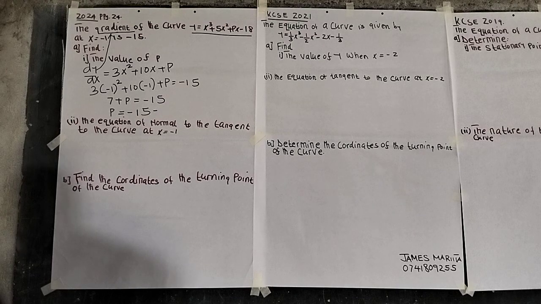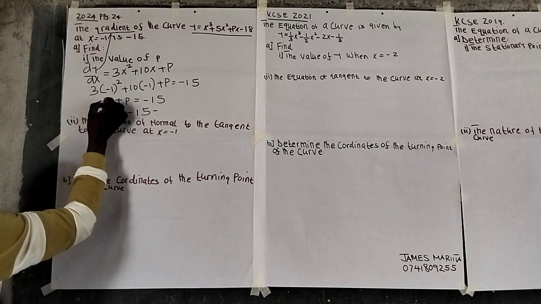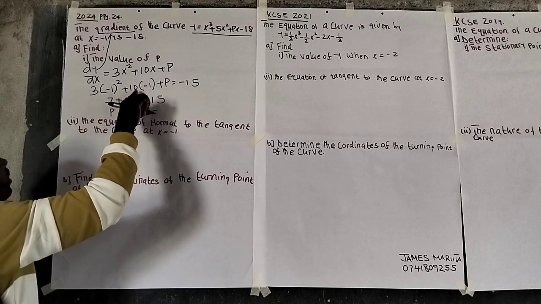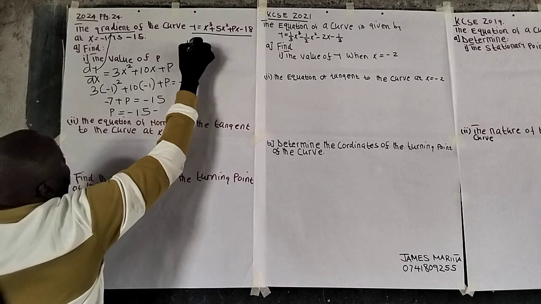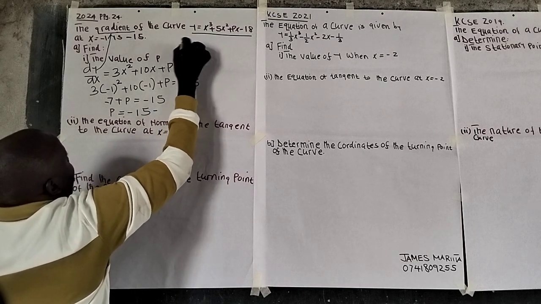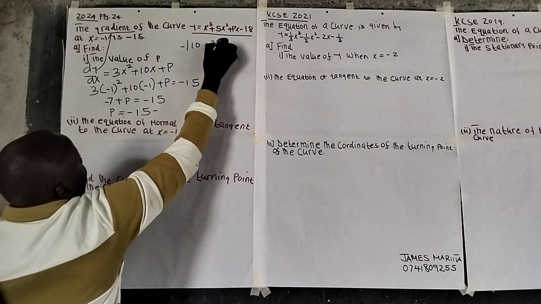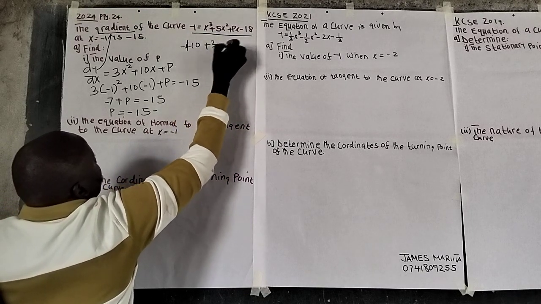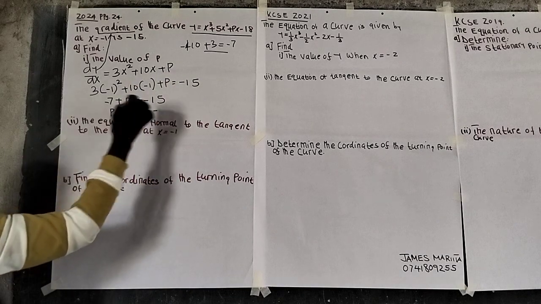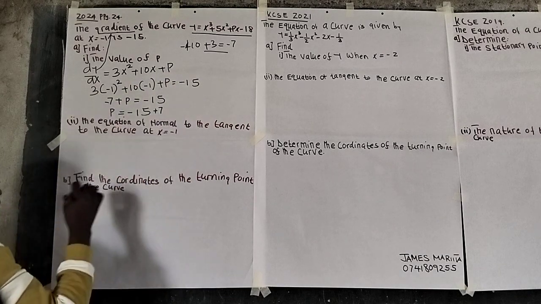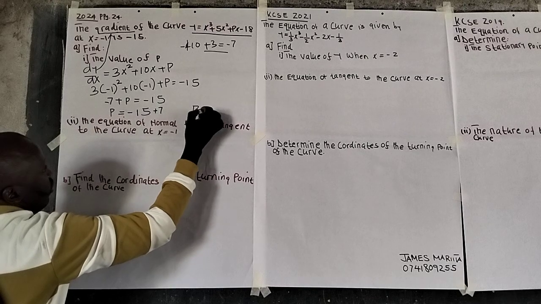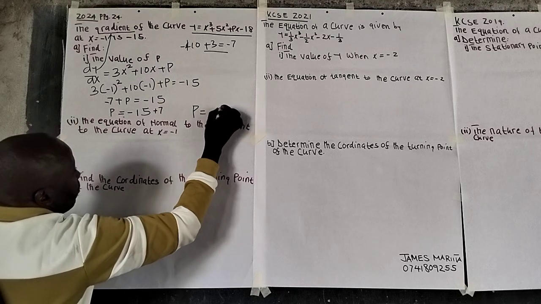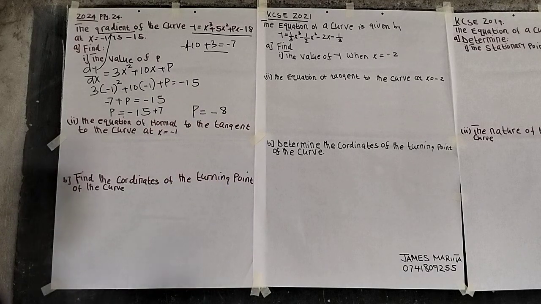So this one here is -7, because 10 times -1 is giving us -10, then plus this 3, so if we add 3 here, we have -7. So it closes to equal signs, it becomes a positive, and therefore the value of p is equivalent to -15 minus 7, which is -22? We have that the value of p is equivalent to -8.